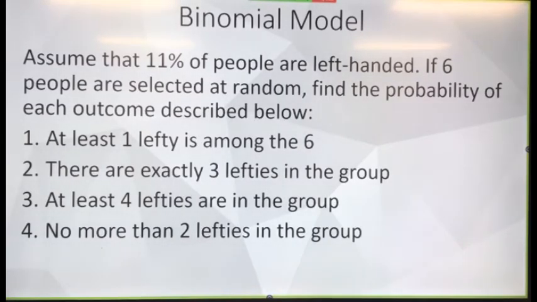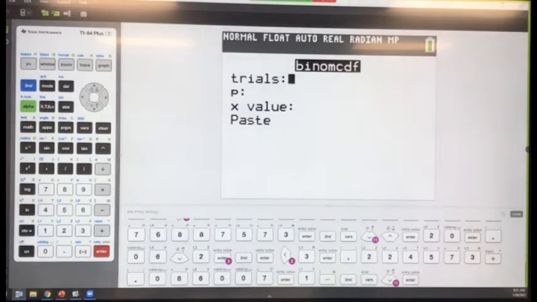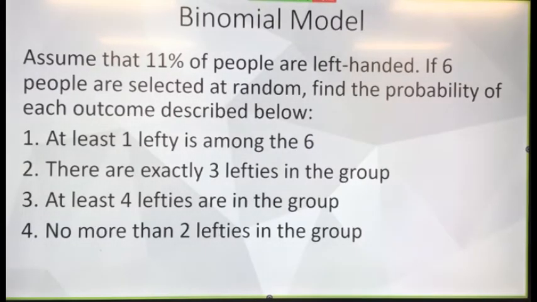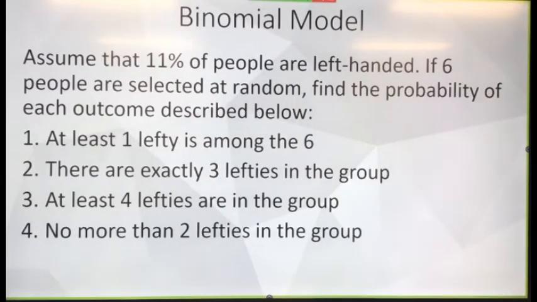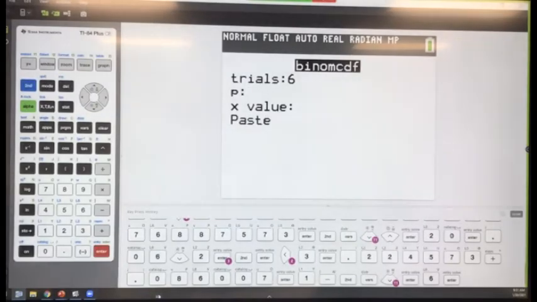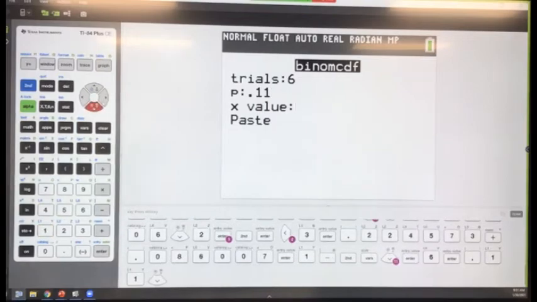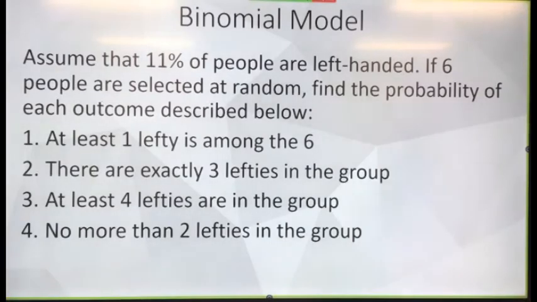Well, I have 6 people, right? So my number of trials is 6. What is my p-value? My probability of success. I'm looking for who? Lefties, right? And lefties is 11%. So 0.11. And now for the x value. It says at least.